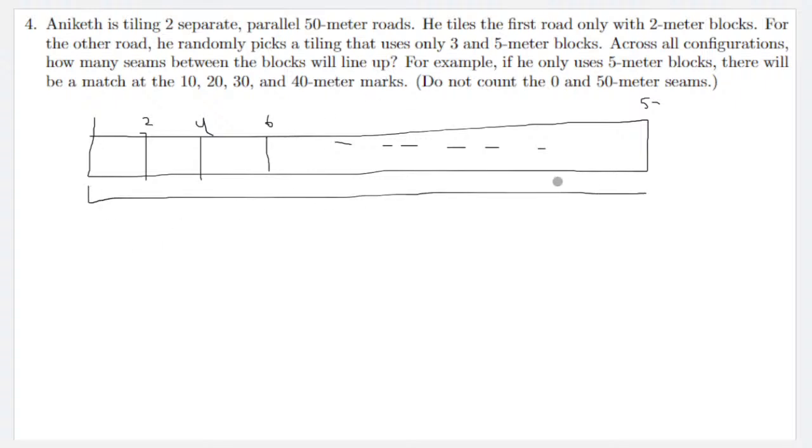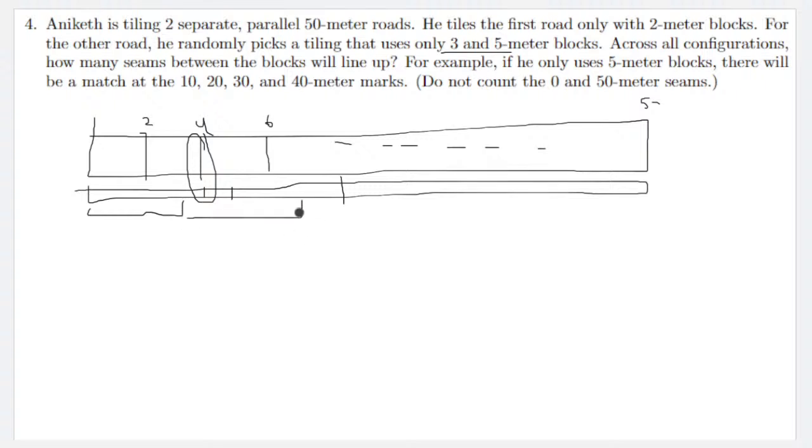So if we have our second road here and some amount of tiling, some will eventually line up. And we want to count the number of seams that line up across all configurations. So let's figure out those configurations. Well, notice that because 3 and 5 are both odd, no matter how you tile the 5s and the 3s together, it will always be every other block will line up, right? Because you'll have an odd length and then an even. And then that even will match to somewhere here, perhaps 8.